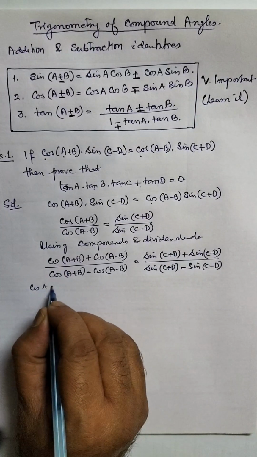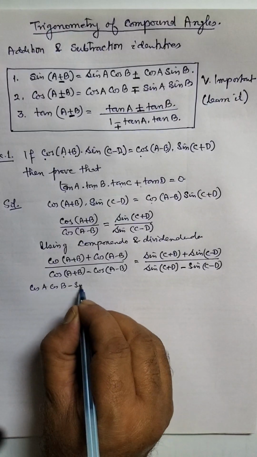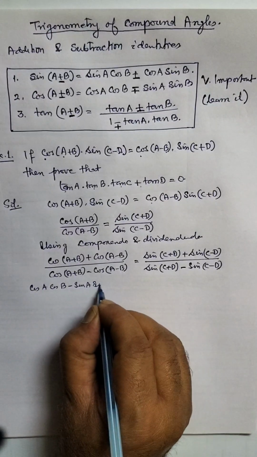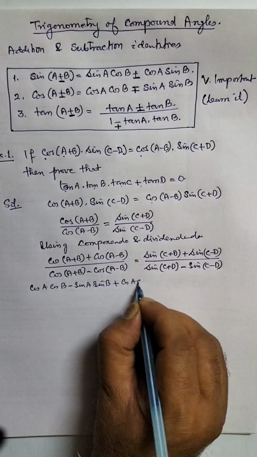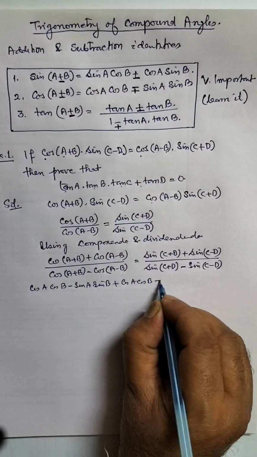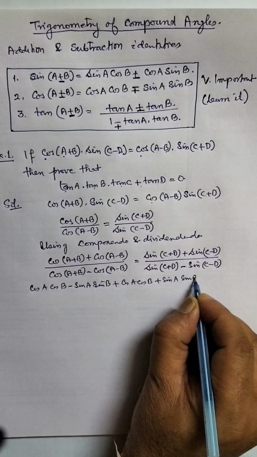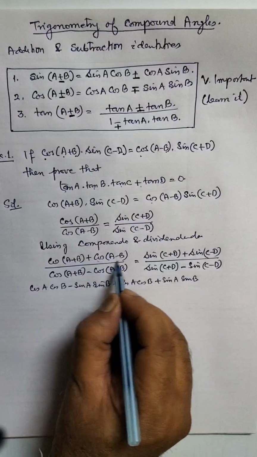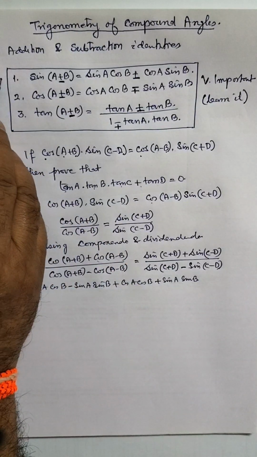Now this is cos A cos B minus sin A sin B plus cos A cos B plus sin A sin B. I have just opened this and this according to the given identities.